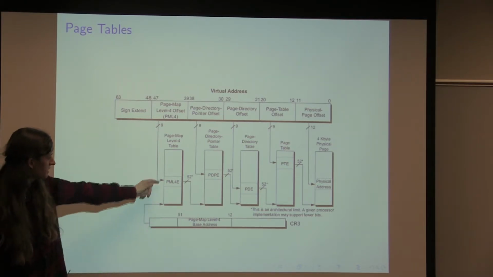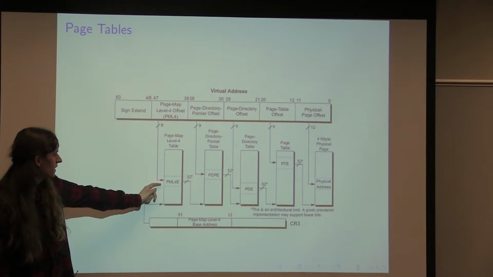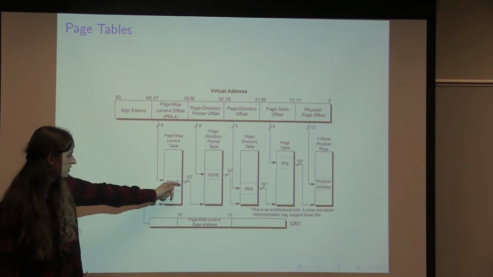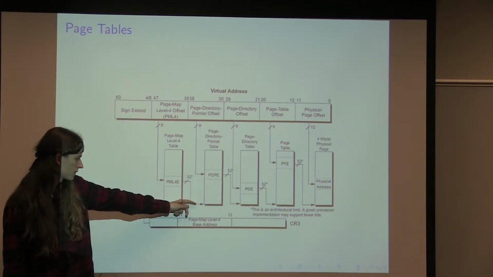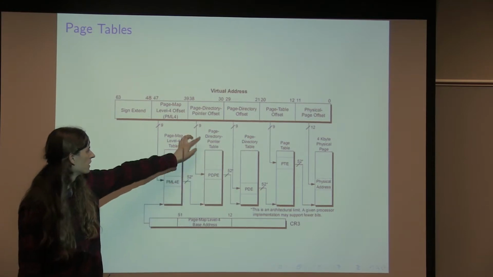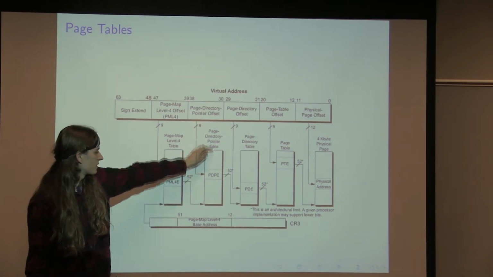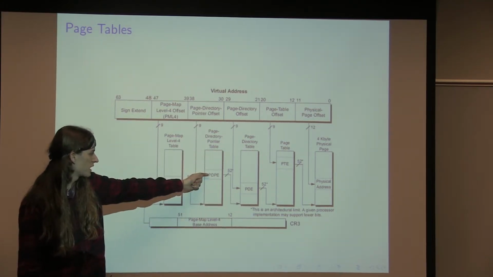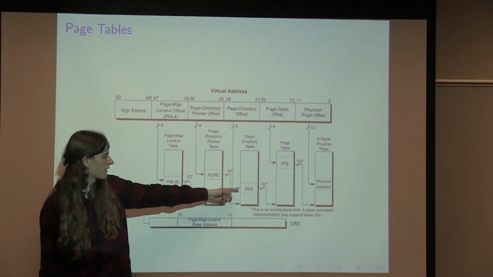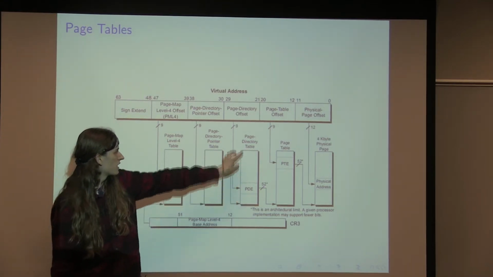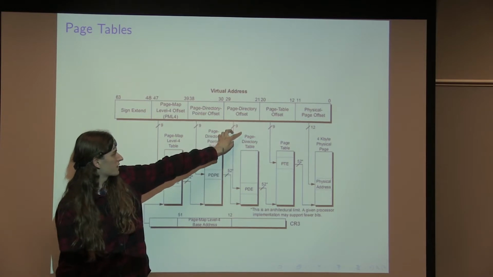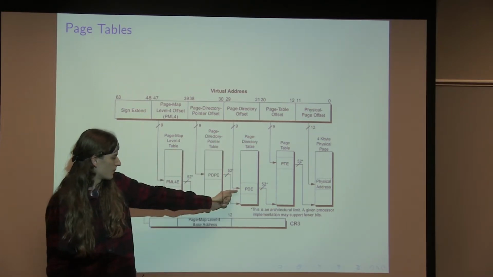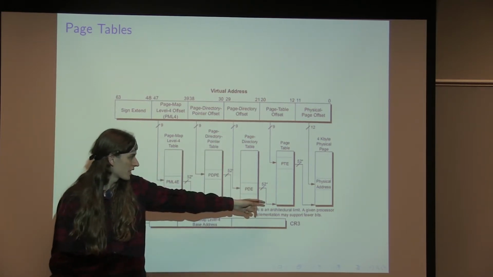So you get an index into this table, then that gives you the start of another array. You take another 12 bits, use that as an index into your new array, and you follow that to the next array. You get another 12 bits, another 12-bit index. You follow that to the next array.